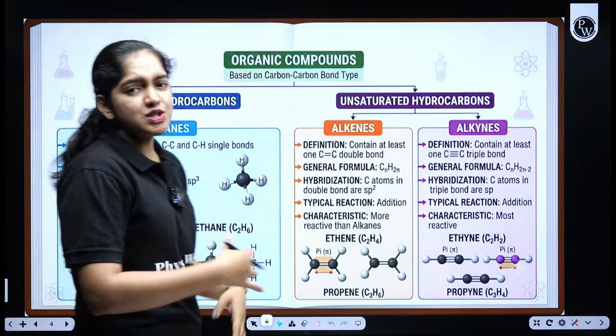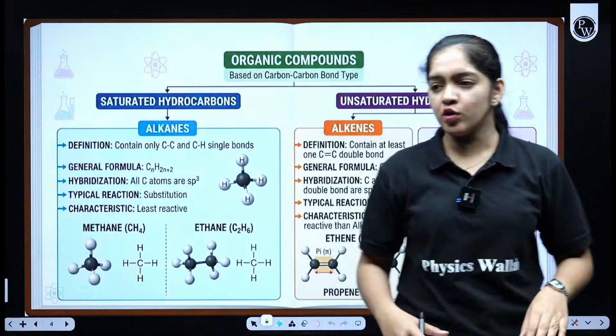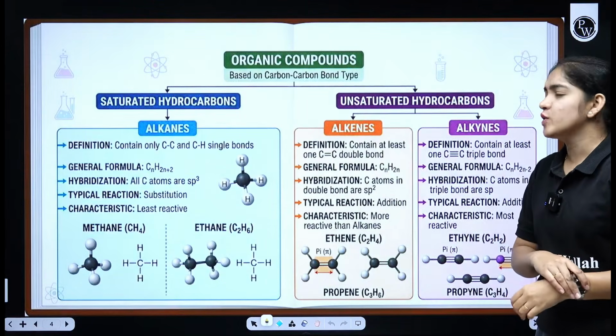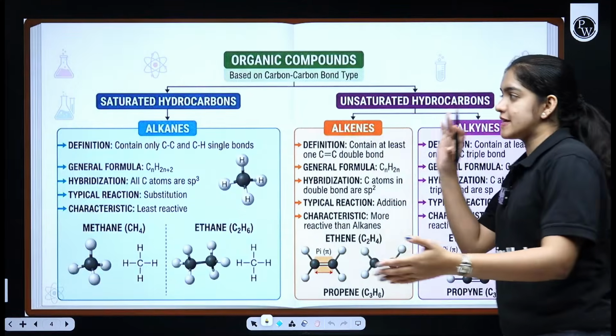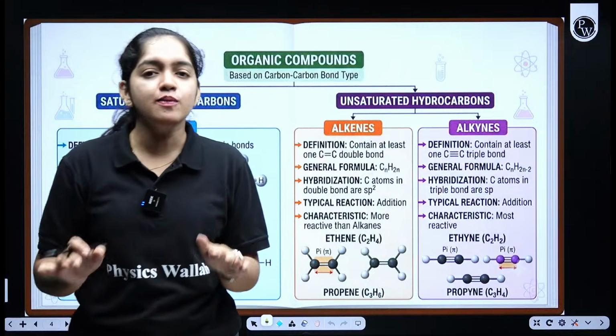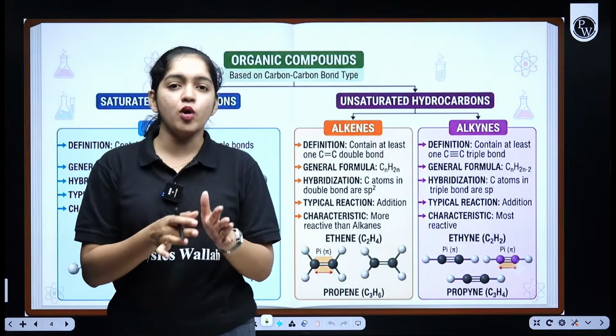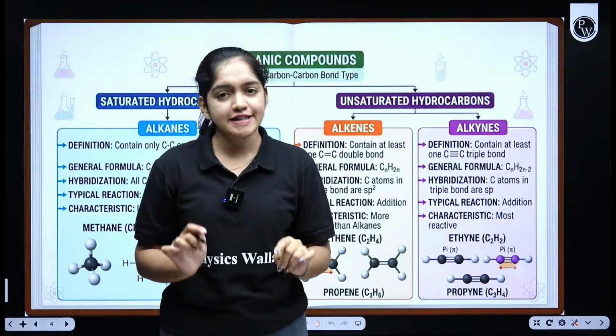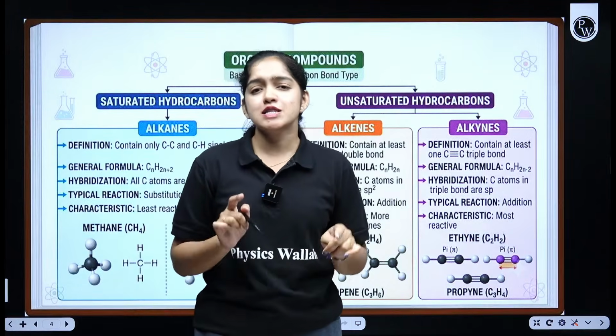Next, saturated is over. Now we can go to unsaturated. So what is unsaturated hydrocarbon? Unsaturated hydrocarbon is just the opposite of saturated hydrocarbon. Saturated means only single bonds will be present. We know that there are 3 types of bonds, right? And the valency of carbon atom is what? It is 4. Carbon is a tetravalent atom. Why? Because the atomic number is 6.